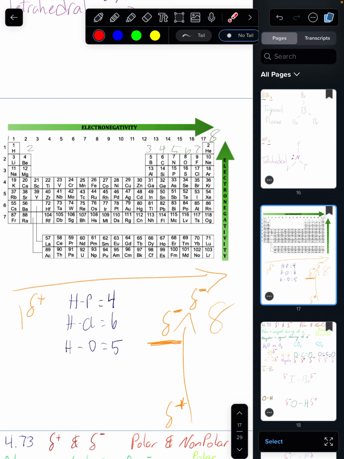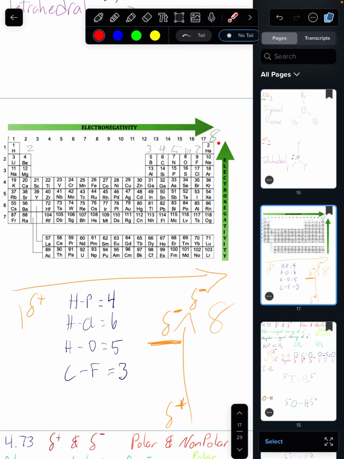Then we have our carbon for our fluorine. That's 1, 2, 3 steps. Now, that shows you how well the steps are over here.